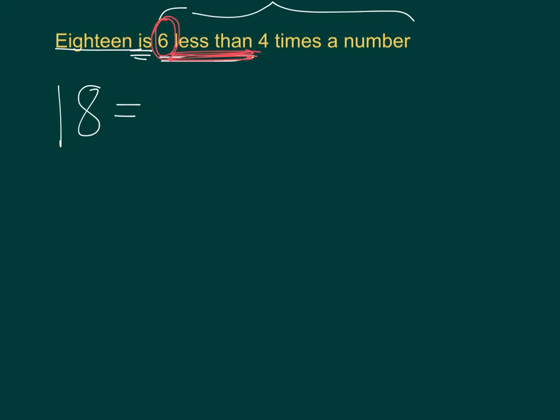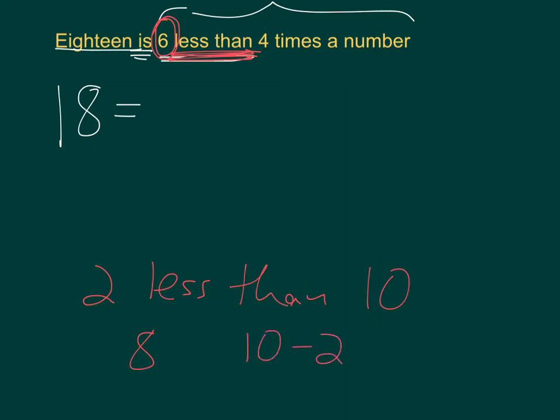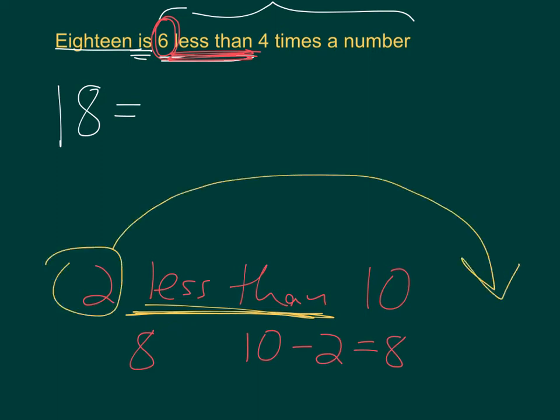Think, for example, 2 less than 10. You know that that's 8. But how did you do it? You said in your head 10 minus 2 equals 8. So you took these words less than and put this 2 at the end. 10 minus 2 is 2 less than 10.